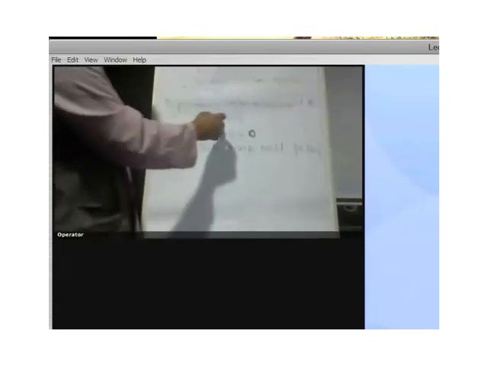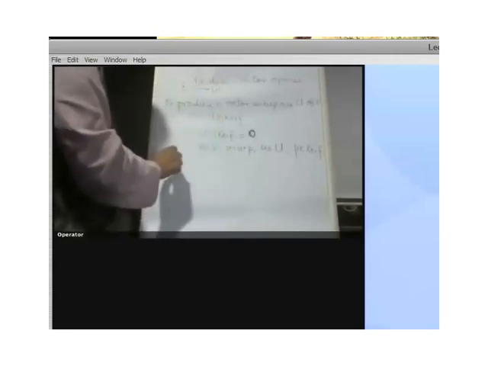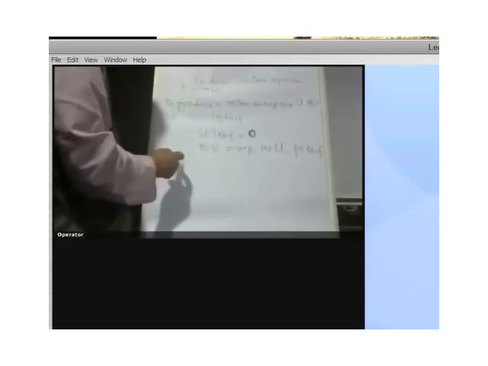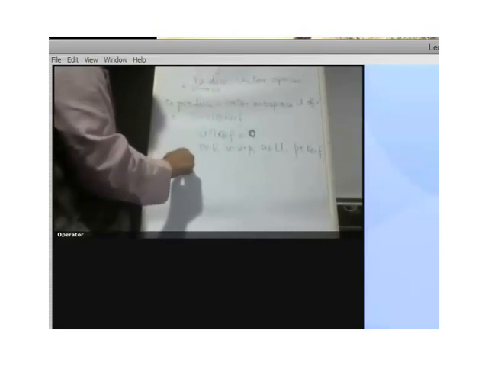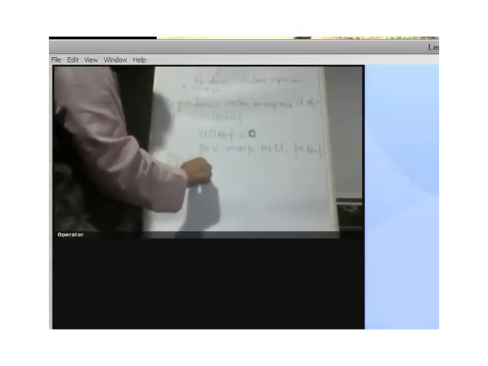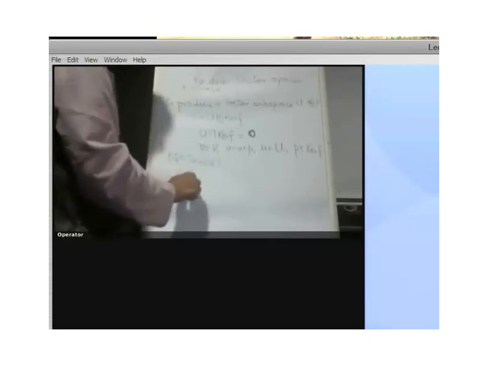That's the meaning of this, right? Remember, if you give me two subspaces P and Q of V, what is P plus Q?